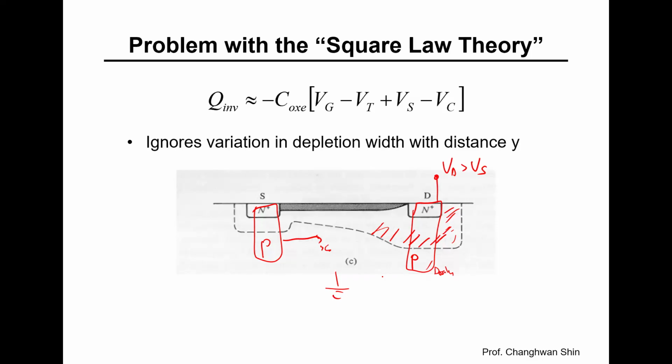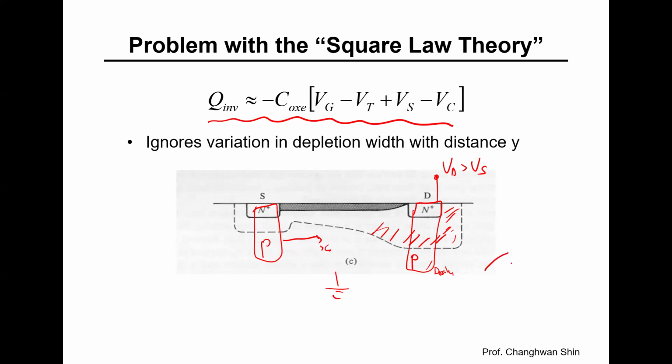In our first order approximation, we simplified the expression for the inversion charge to Q inversion approximately equal to minus C_ox times (Vg minus Vt plus Vs minus Vc). While this simplification makes the mathematics more tractable, it doesn't fully capture the physics of real devices.